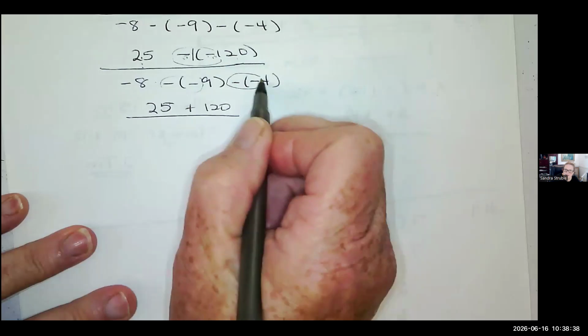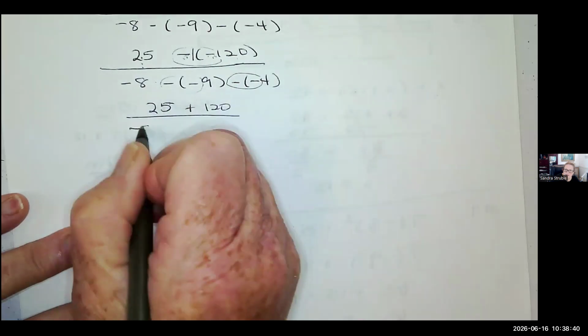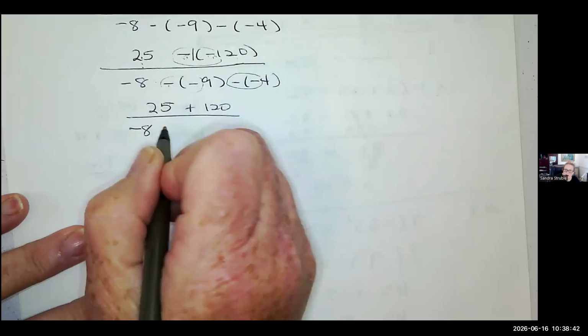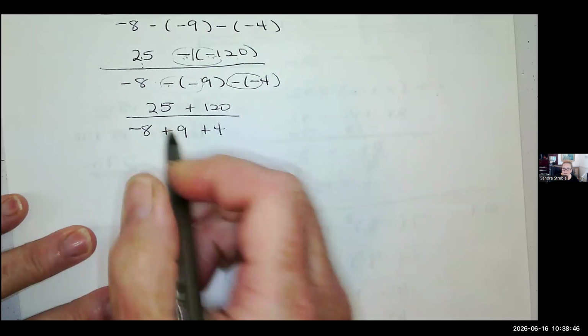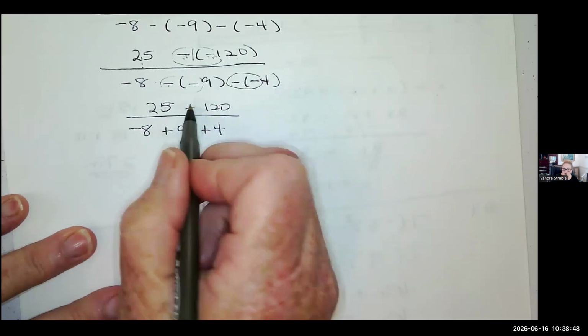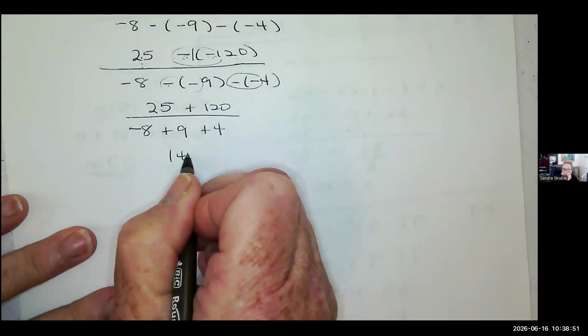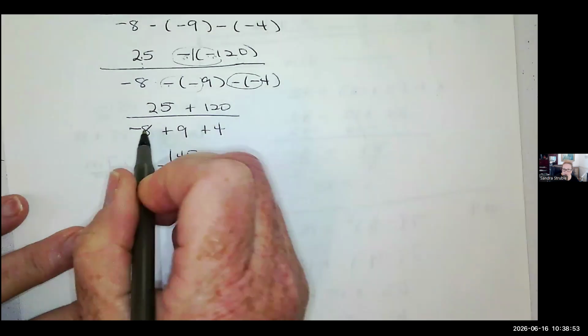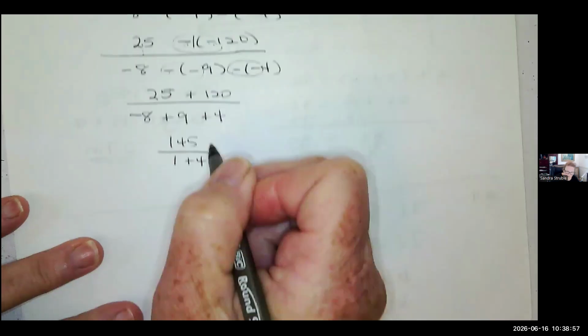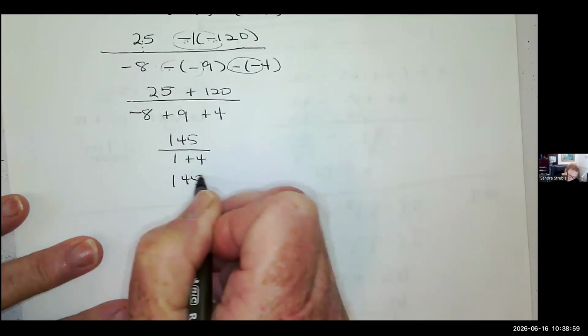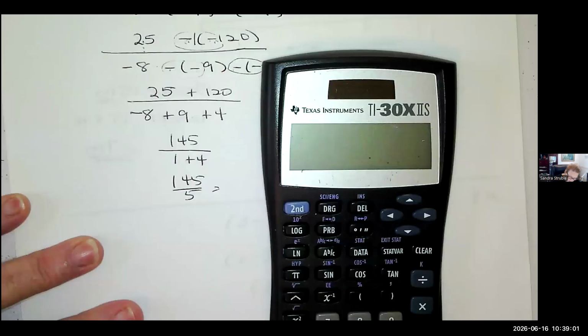This becomes a negative times a negative, which is a +9. Negative times a negative, which is a +4. Now we just combine them. 25 plus 120 is 145 over -8 plus 9 is 1. Bring down the +4. And then 145 divided by 5 is 29.